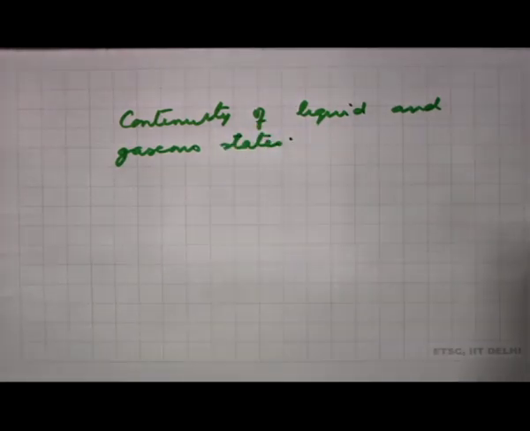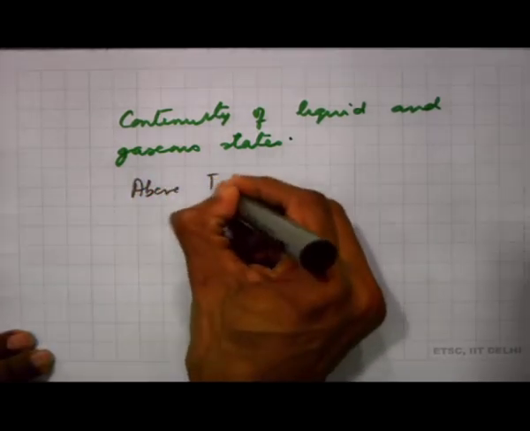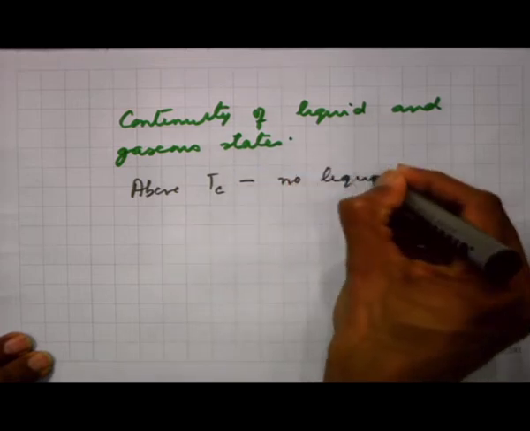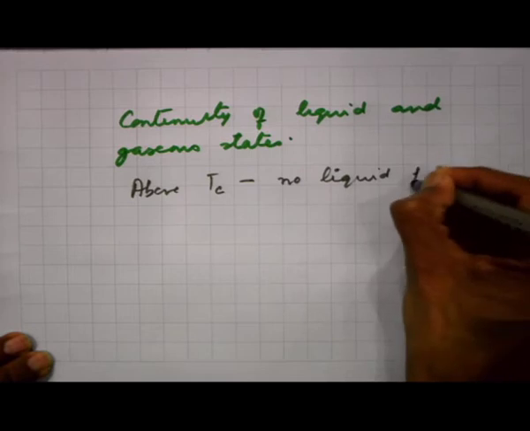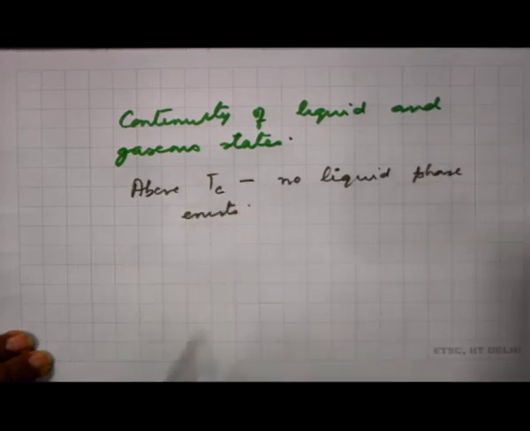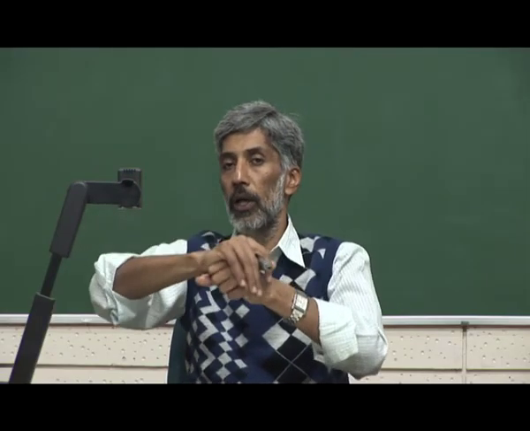Right. So, what have we learned thus far? We have said that above Tc, no liquid phase can exist. No matter how much pressure you apply for any gas above its critical temperature, you are never going to be able to liquefy the gas.